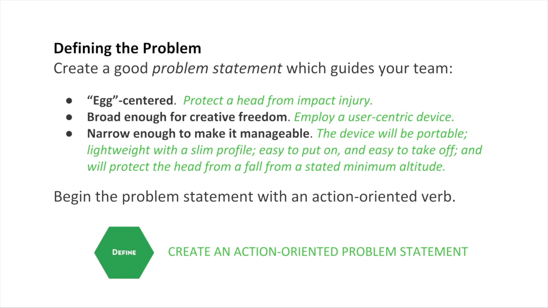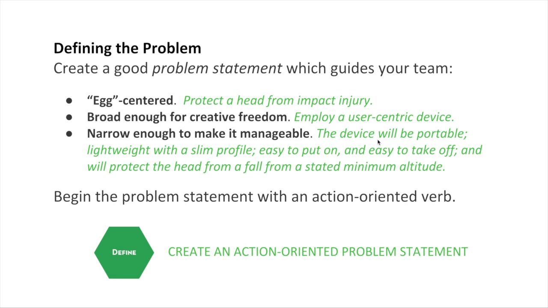And ultimately, we need to finish out this phase by writing a good problem statement. It must address our client, which is an egg, so the problem must be egg-centered. A statement along these lines could be something like, protect a head from impact injury. We must also remember that the statement must be both broad and narrow. So broad enough to be creative, something like employ a user-centric device, and narrow enough to say something about really what we want to drill down to.